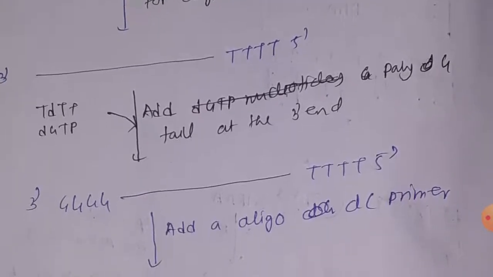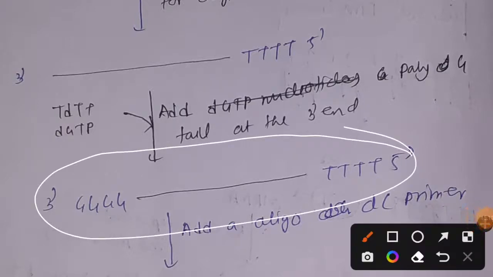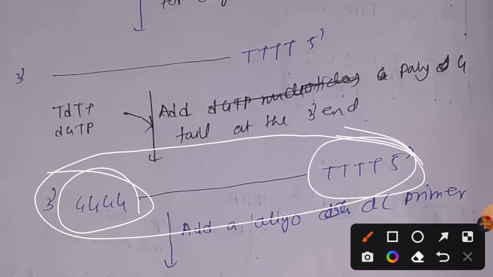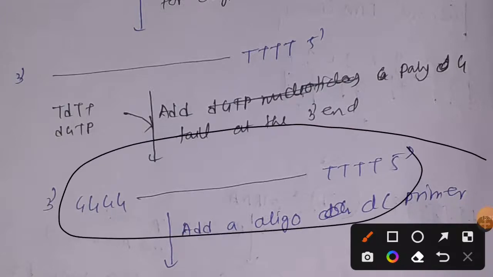So now we have a cDNA molecule which contains a poly G at its 3' end, and also poly T nucleotides at the 5' end of the cDNA. So now, can we use that cDNA molecule for cloning?